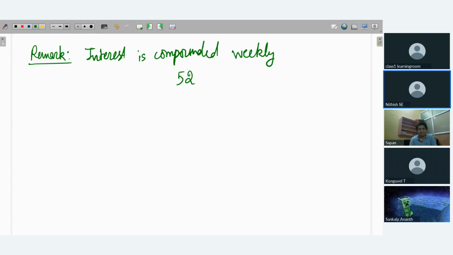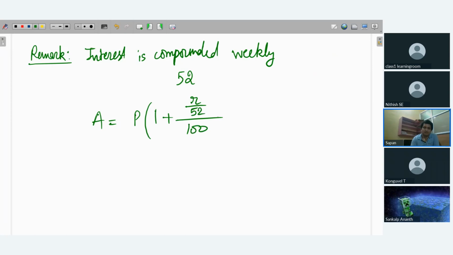They do have. Daily also. They will have daily also. So in that case, the amount is P into 1 plus R by 52 by 100, the whole power N into 52. Right. 52 weeks in a year?